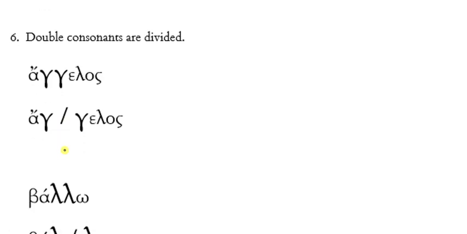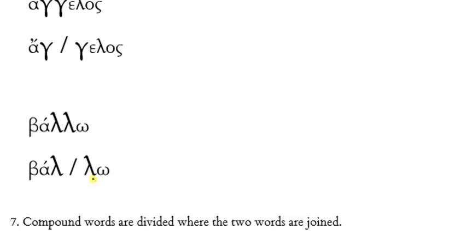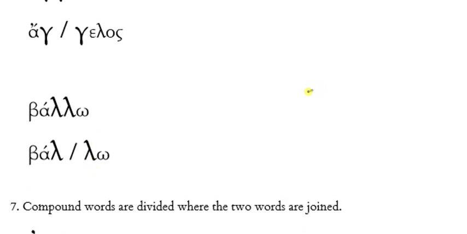Number 6, double consonants are divided. You get a double consonant, split it right in the middle. So you get the double gamma here. You know that the pronunciation of that first gamma is going to be nasal, but in terms of dividing, split it there. So angelos. And with this verb, which means to throw, or I throw, double lambda, we're going to split that in the middle.